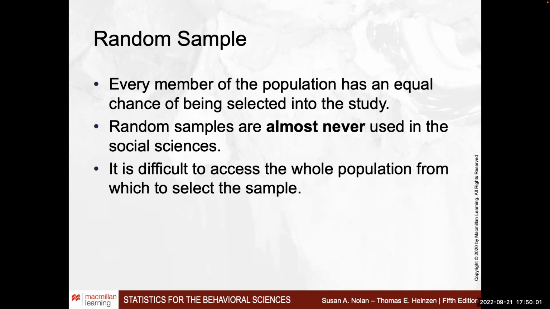So random samples are almost never used in the social sciences because they're just not readily available. You can't sample from the entire spectrum of socioeconomic levels or levels of education, levels of political opinions, whatever. It's just impossible to really get this random sample. And I keep on talking about political opinions because this is where most of you probably have seen examples from statistics.